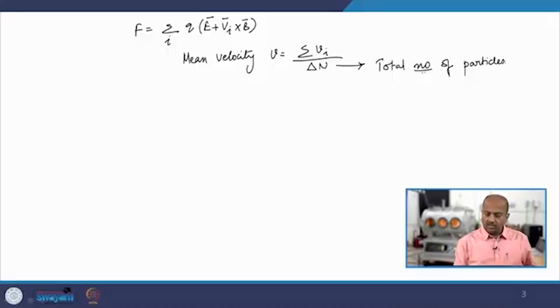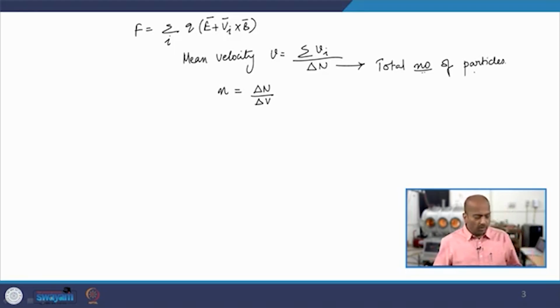So, where delta n is the total number of particles in this Lorentz force equation, which gives us the velocity V. If you consider the number of particles per unit volume, then you can write delta n by delta v. This is the total number of particles and the number of particles per unit volume is this.